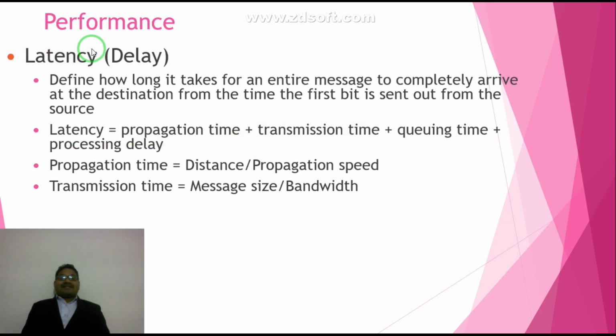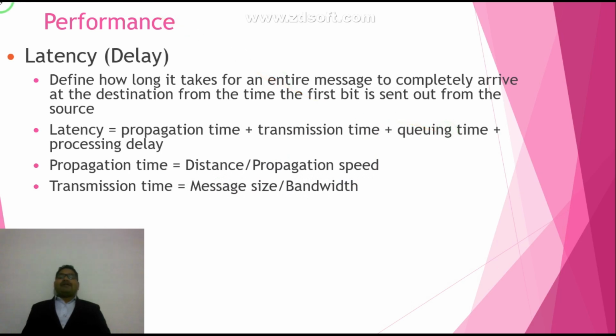We can't send just a bit, we have to send the entire message. So how much time is taken by that message to reach the destination, that whole time is your transmission time. So transmission time depends on the size of your message, which is given by message size upon the bandwidth.